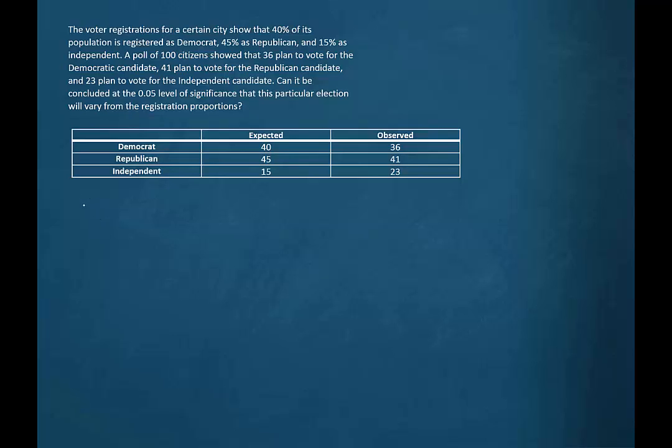So, what would be expected if the citizens vote according to the registration proportions is that the proportion of those who would vote Democrat would be 0.4, 40%. The proportion of those who would vote for the Republican candidate would be 0.45.